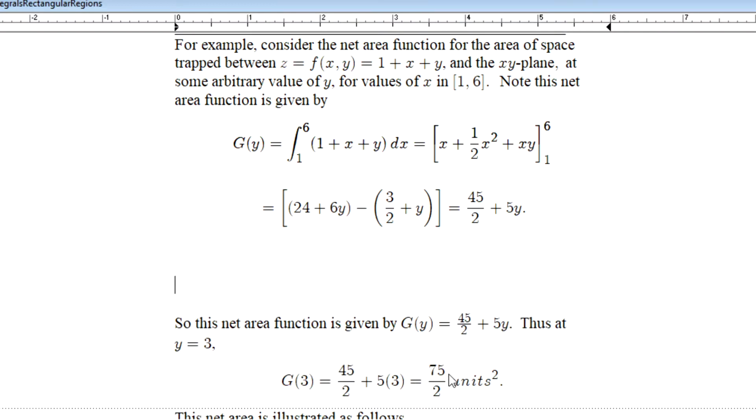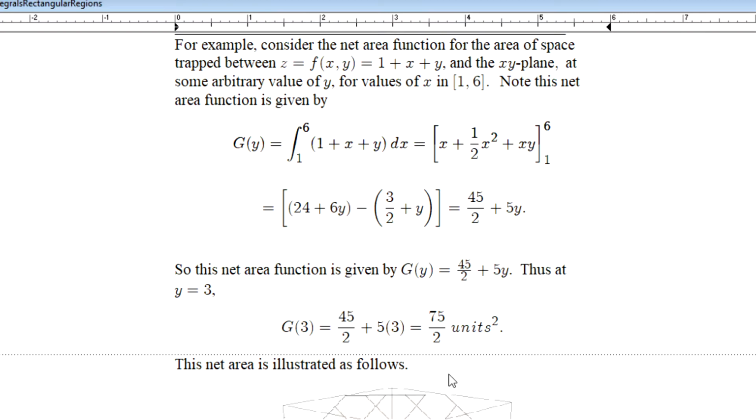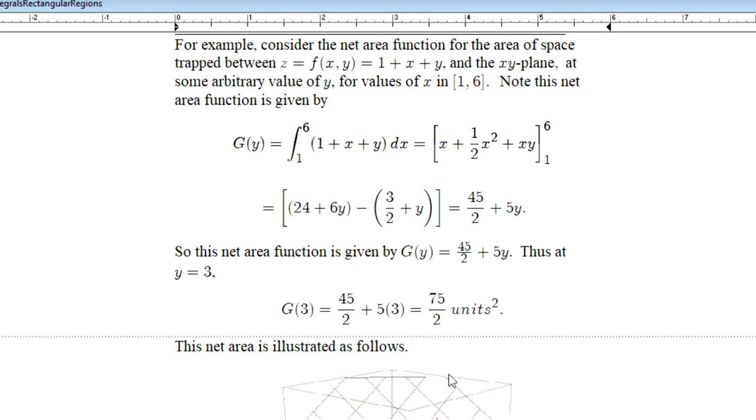This is going to describe the net area function that we were looking for in the problem, g of y. It tells us the area trapped between the surface and the xy plane at some arbitrary value of y over values of x in this interval from 1 to 6.